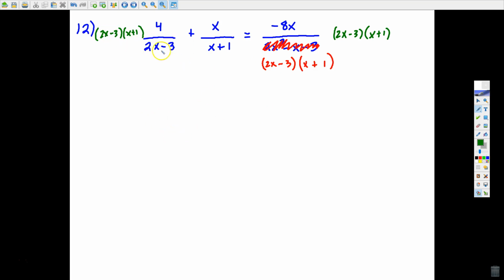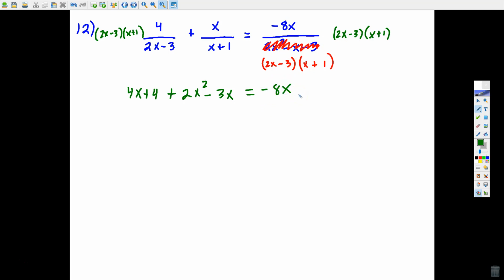The 2x minus 3's cancel. x plus 1 times 4 is 4x plus 4. Now I divide x plus 1, and the x plus 1's cancel. 2x minus 3 times x is 2x squared minus 3x. Over here, everything cancels, becomes 1. Anything divided by itself is 1, and 1 times negative 8x.